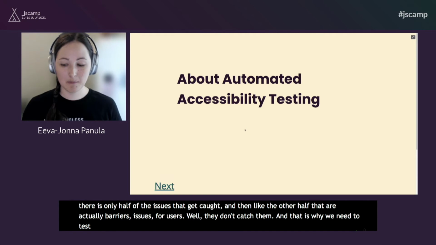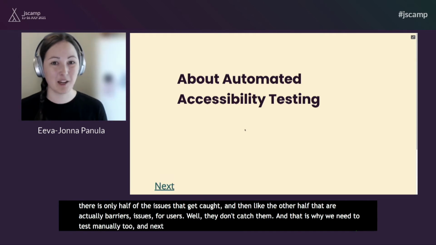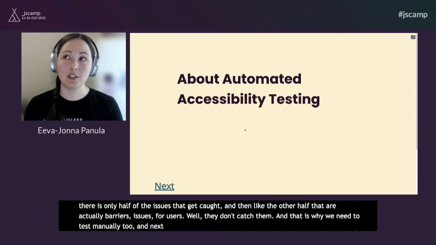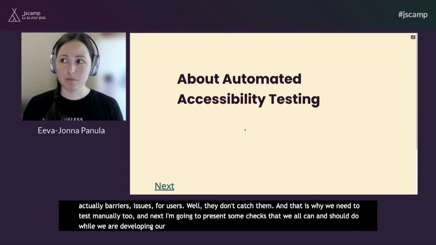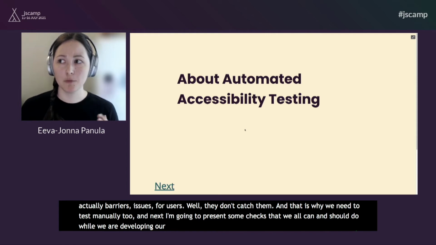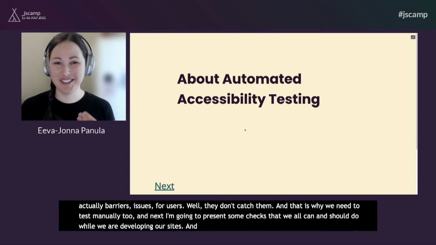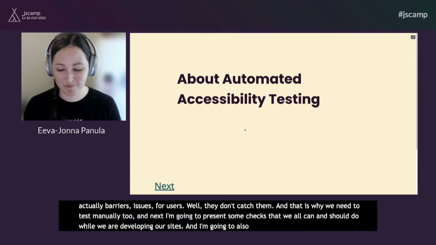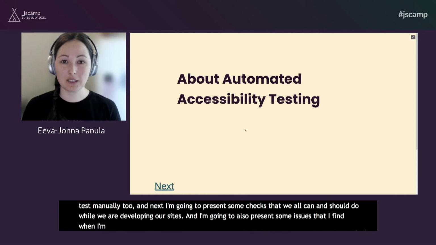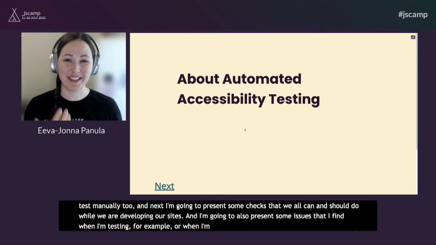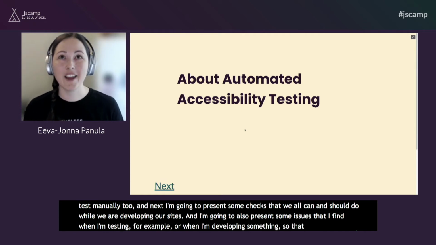Next, I'm going to present some checks that we all can and should do while we are developing our sites. I'm also going to present some issues that I find when I'm testing, for example, or when I'm developing something, so that you get an idea why these things are important.